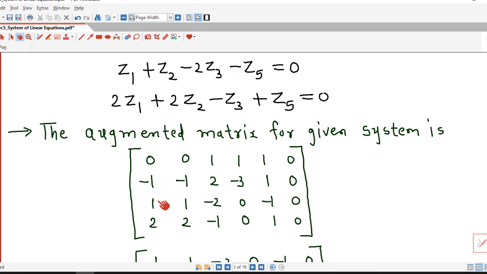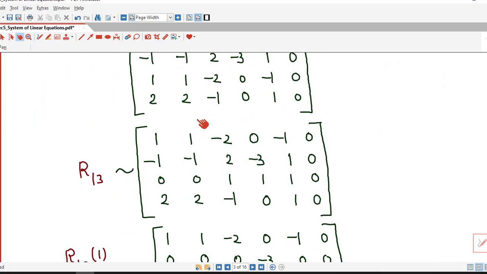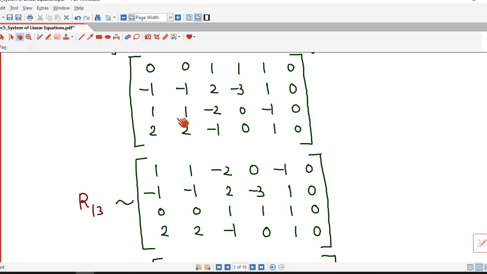It is better we interchange with the third row because we have 1 here. We require the first non-zero entry of each row to be 1. Or otherwise we can interchange with the second or fourth row also. But we interchange with the third row so that the first non-zero entry of the first row is 1.